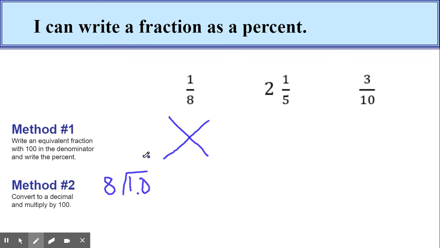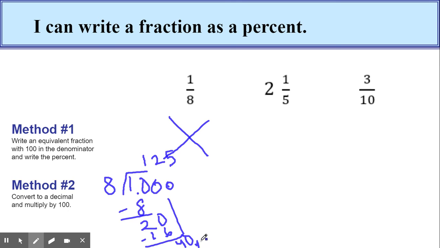8 goes into 10 one time for 8, getting 2 left over. I'm going to add another 0. 8 goes into 20 2 times for 16. And when I subtract here and I get 4, oh, sure enough, if I add another 0, I have no remainder now. 8 goes into 40 5 times, no remainder. Sorry about that. It's getting a little close to the bottom.